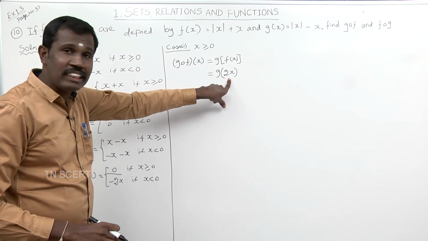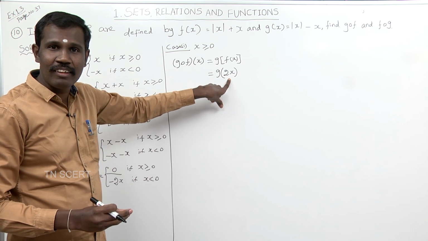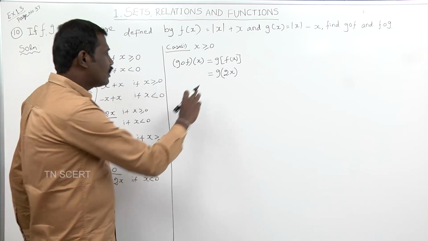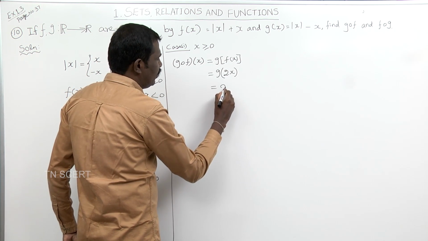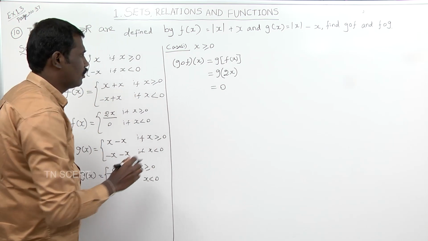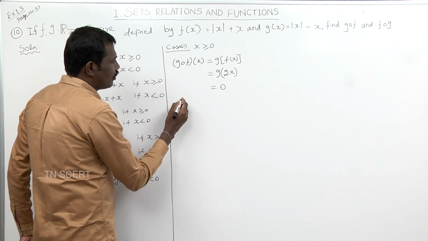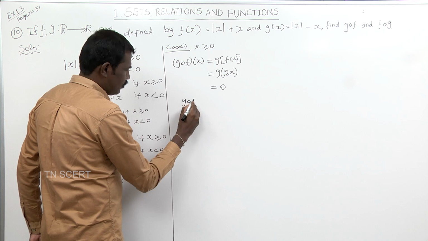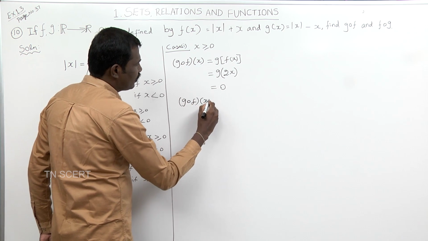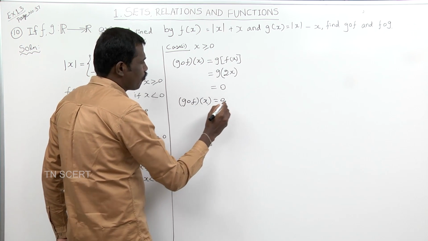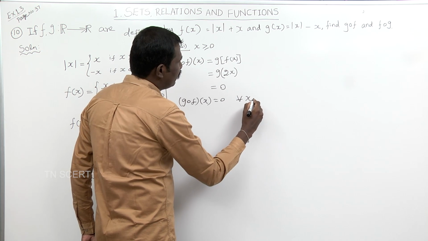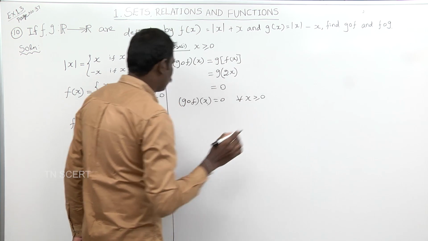Here 2x is a non-negative number. So, g of 2x is 0. Since x is any arbitrary number, g composite f of x equal to 0 for all x greater than or equal to 0.